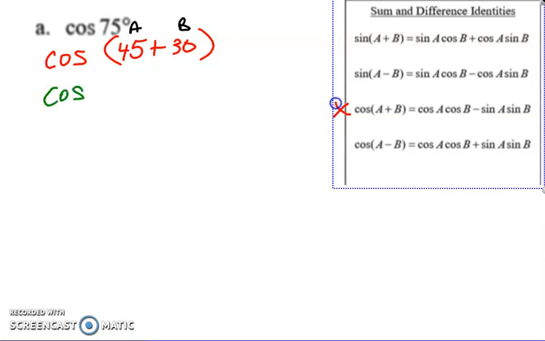So we're now going to go the cosine of 45 times the cosine of 30 minus, notice the difference. When you have cosine and you're using sum, when you work it out, you're going to go minus the sine of 45 times the sine of 30. So cosine of 45, we know, is the square root of 2 over 2.